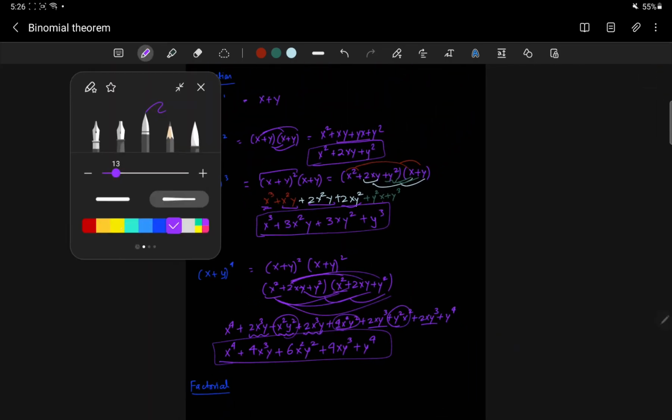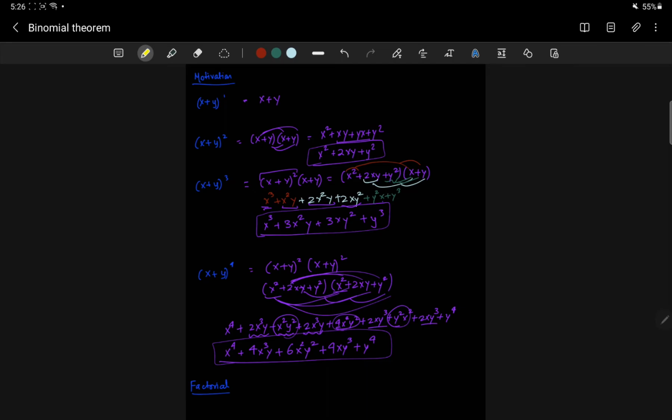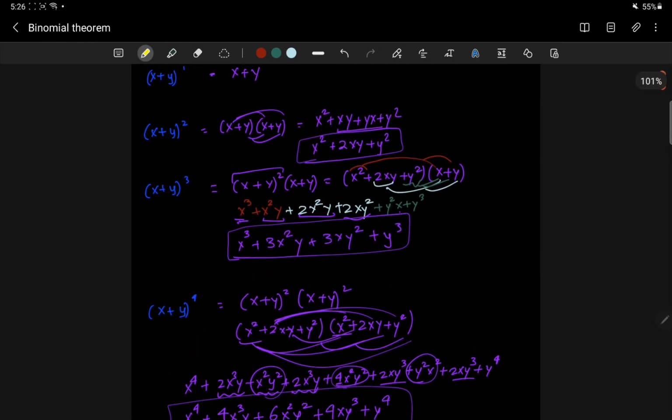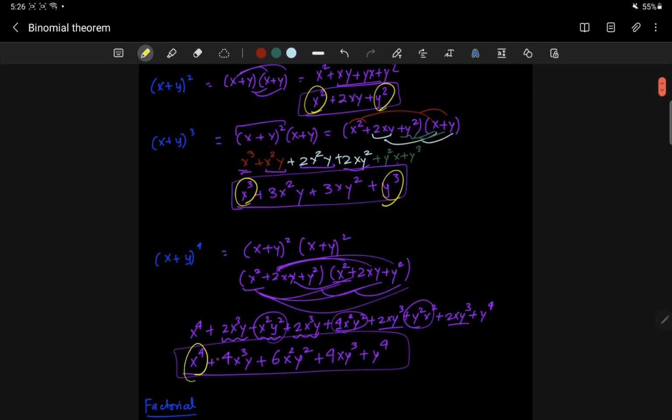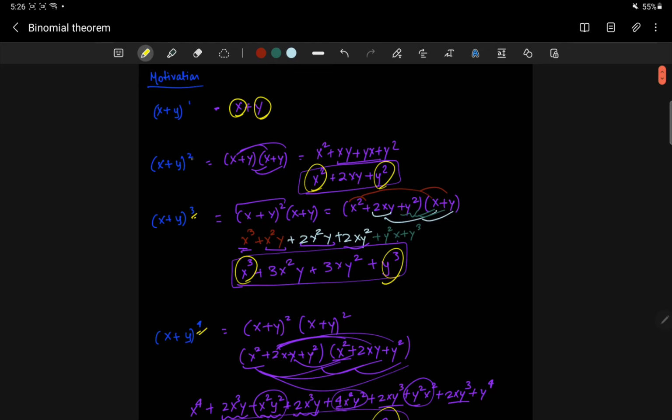So firstly, let me look at these and see what the patterns are. One pattern I notice is there's an x and a y, an x squared and a y squared, an x cubed and a y cubed, x to the 4 and a y to the 4. So these powers work with the same power that is given. If you have x plus y whole cubed, it's an x cubed and y cubed.